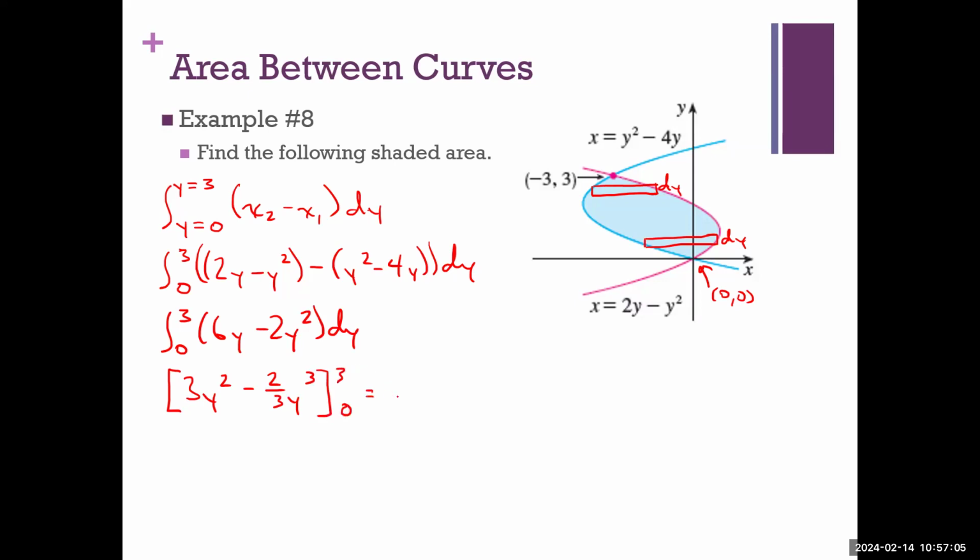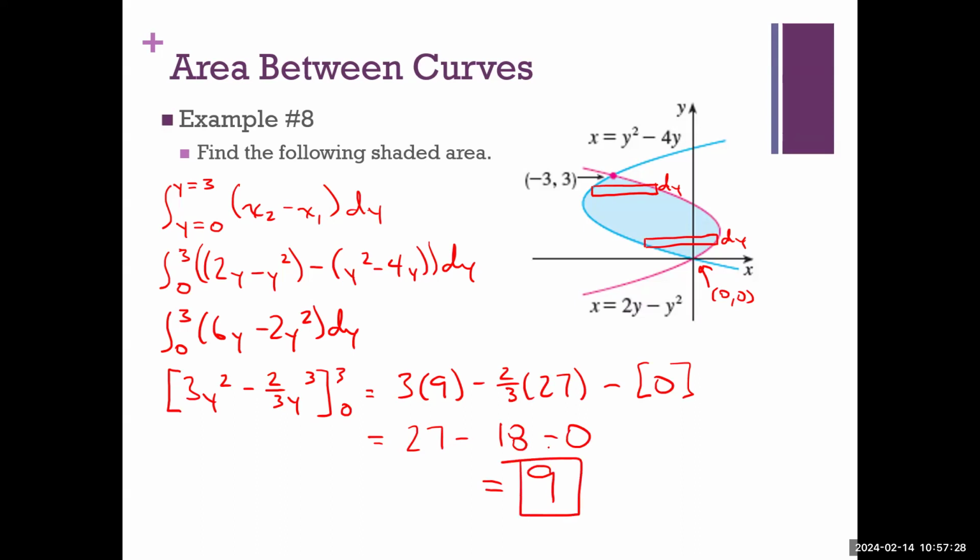Plug in some values. So I get 3 times 9 minus 2/3 of 27 minus 0. So 27 minus 18 minus 0 equals an area of exactly 9.